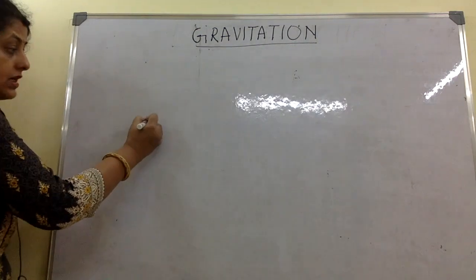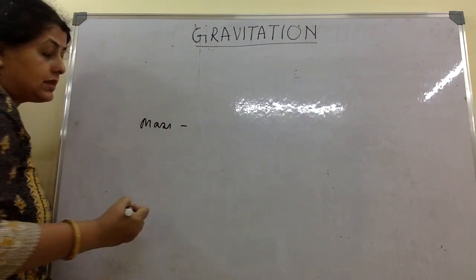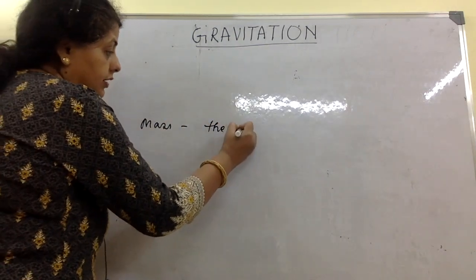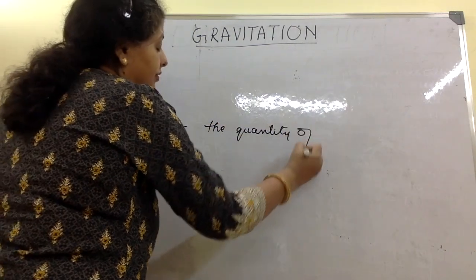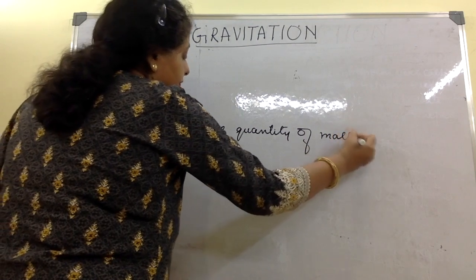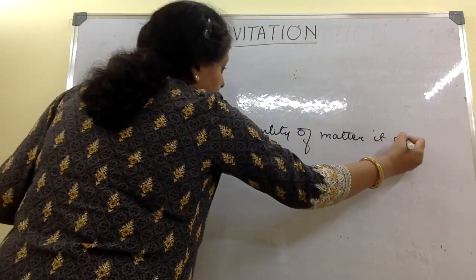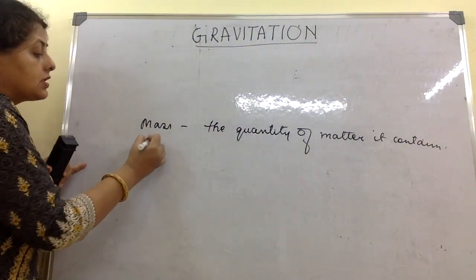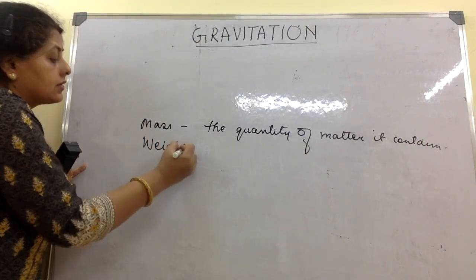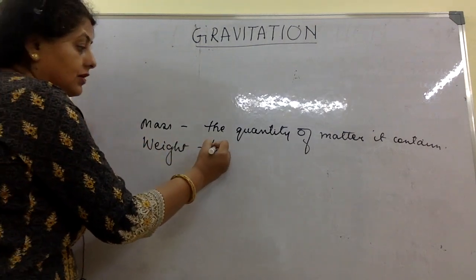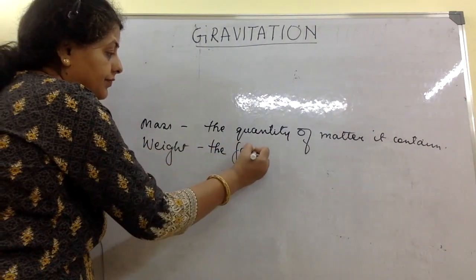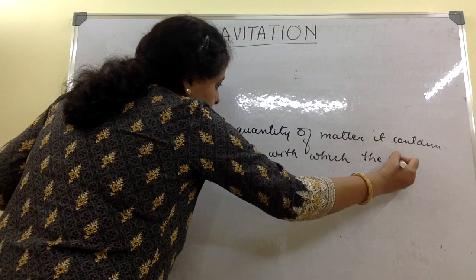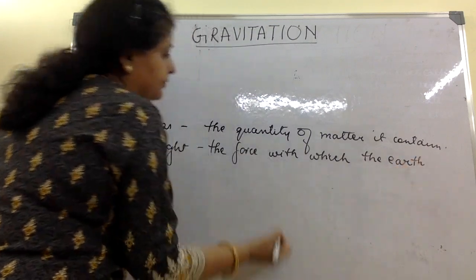Now what is mass? Mass is the quantity of matter it contains. And what is weight? Weight is the force with which the earth attracts a body.